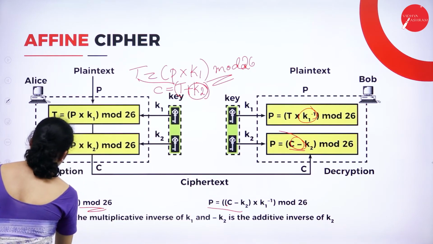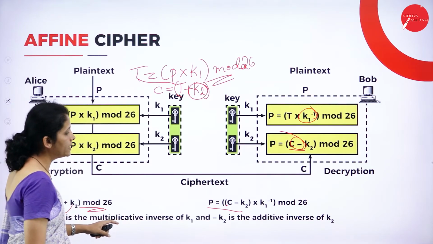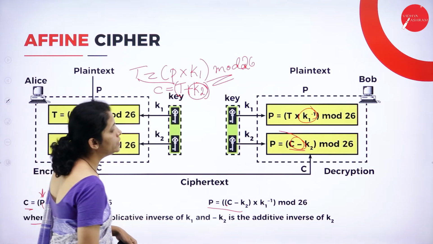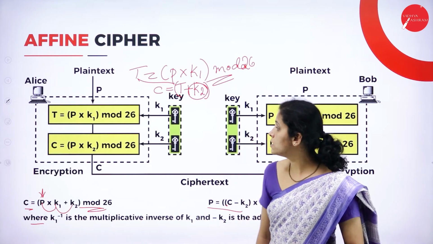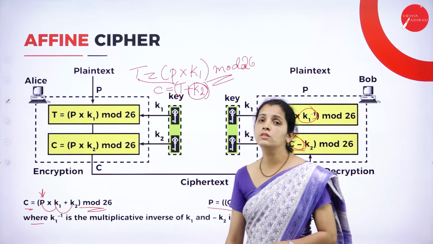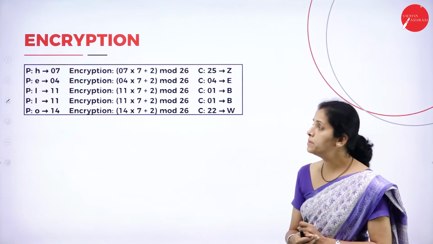Here K1 inverse is the multiplicative inverse and K2 inverse is the additive inverse of K2. So this is the way we can use affine cipher. Now let me solve some problems here.